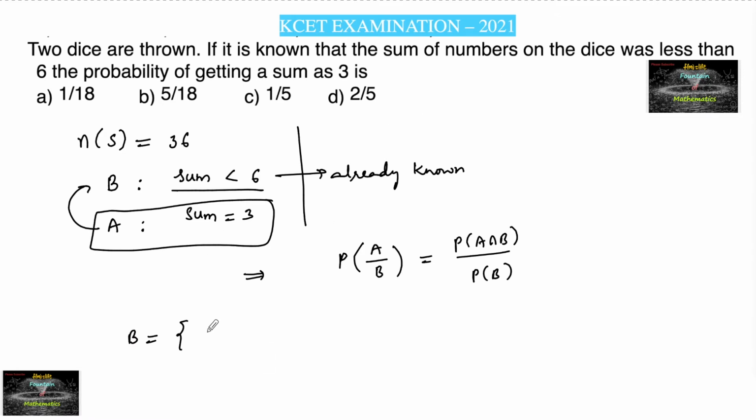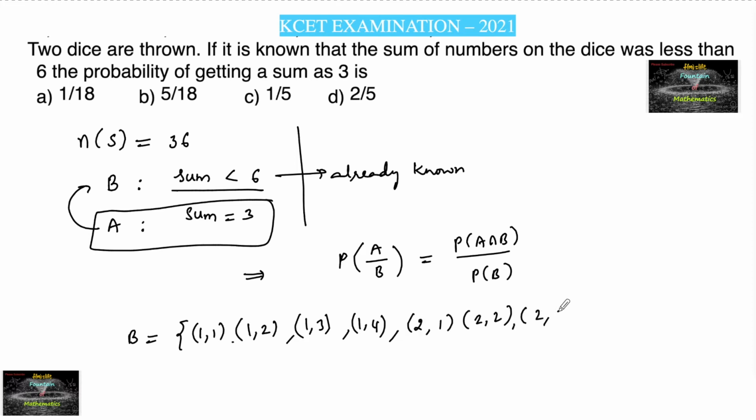Since the sum is less than 6, we can consider 1 comma 1, 1 comma 2, 1 comma 3, 1 comma 4. 1 comma 5 is not considered because 1 plus 5 is equal to 6. So 2 comma 1, 2 comma 2, and then 2 comma 3. 2 comma 4 is not considered because 2 plus 4 is 6.